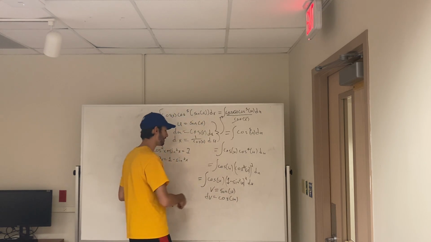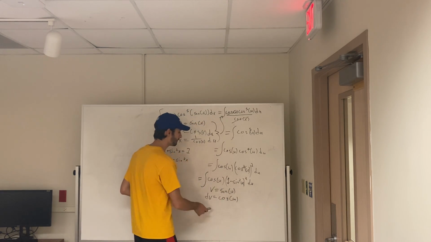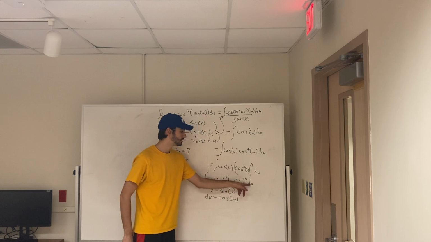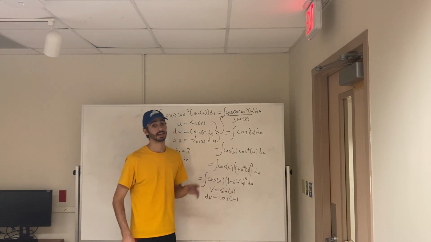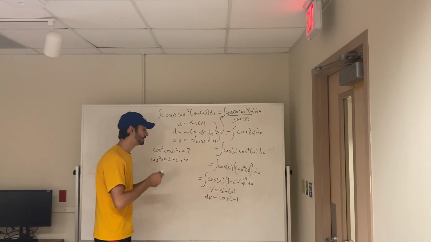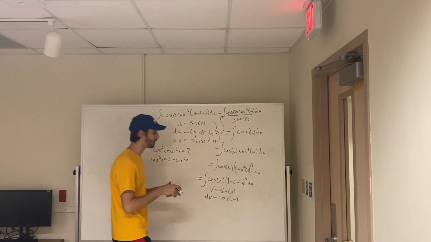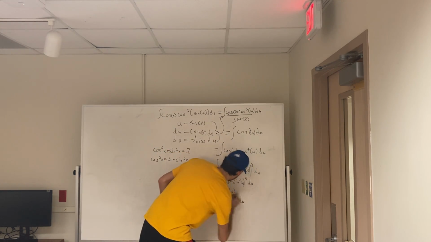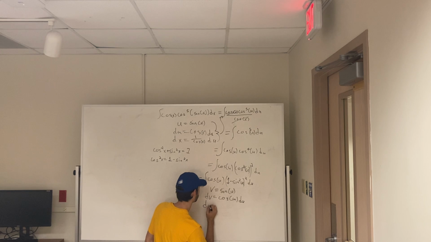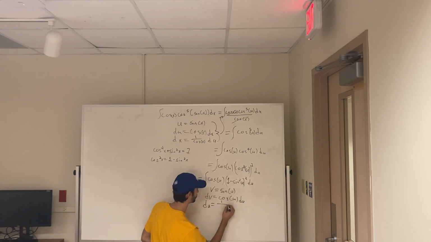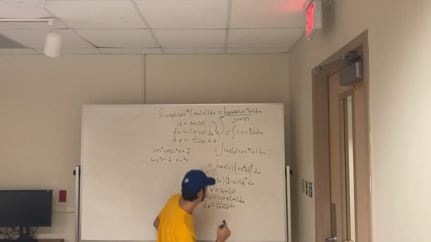So right now we have cosine covered, we have this sine covered right here, but we still have this du right here. Basically we are going to have to solve for du, and that's going to be very simple. It's going to be like what we did earlier, where du equals 1 over cosine u dv.